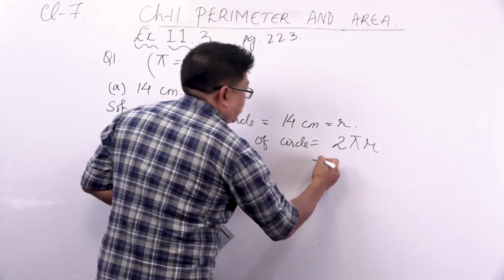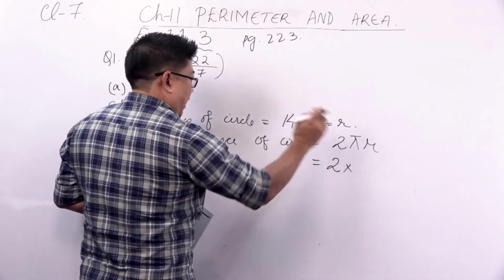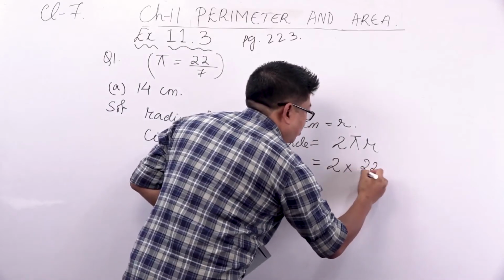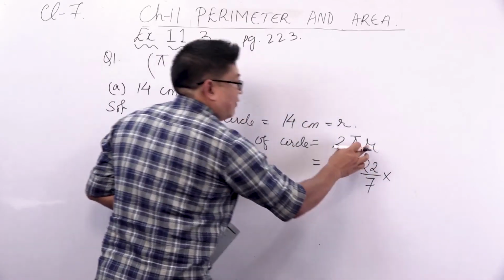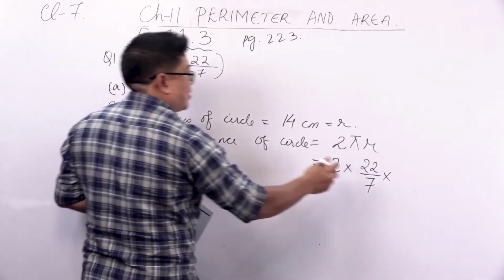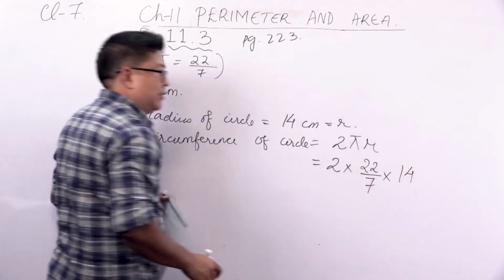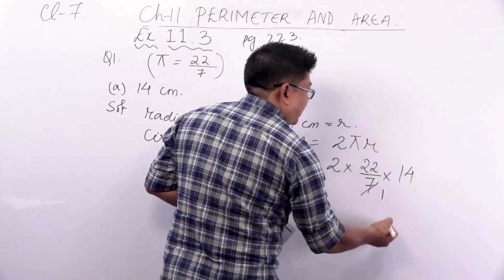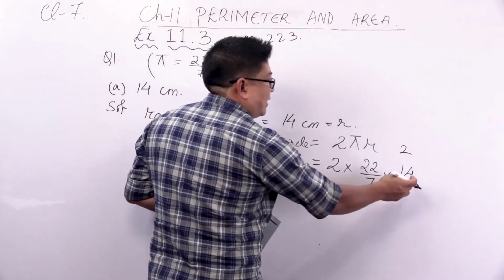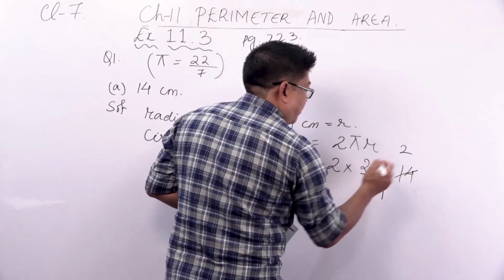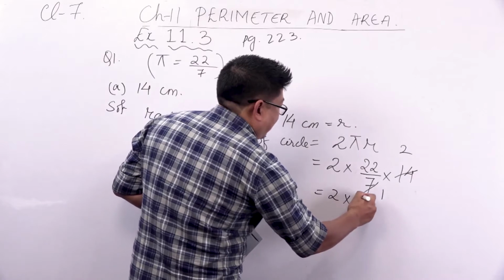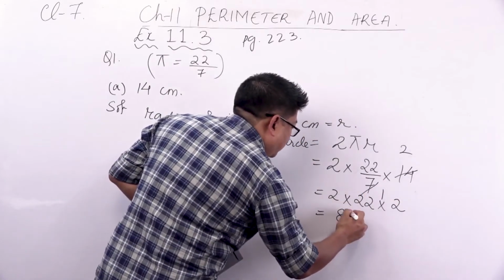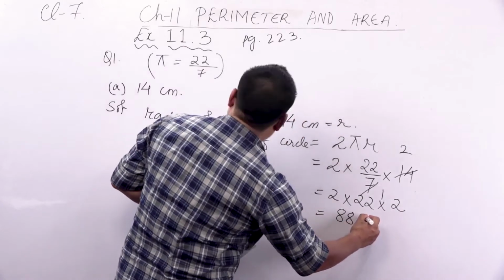So, in place of pi, we are instructed to use 22 by 7. And for r, we have the radius, it is 14. Okay, children? So, I can cancel 7 into 1 is 7 in the denominator, and 7 into 2 is 14 in the numerator. I can cancel easily. So, I'm left with 2 into 22 into 2. When you multiply all these, you should get 88 centimeter.